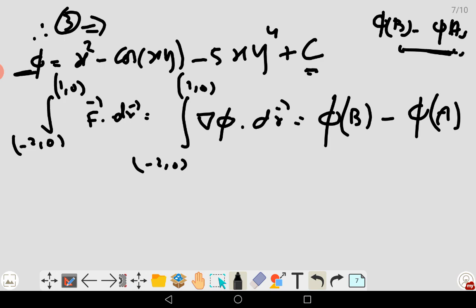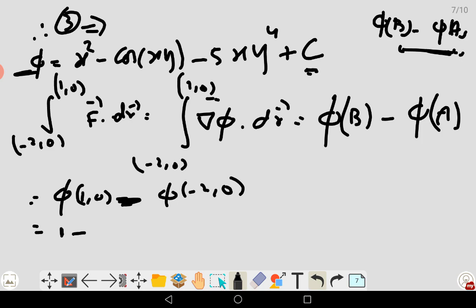So phi is given here, phi of b is the upper limit, so phi of 1, 0 minus phi of minus 2, 0. What is phi of 1, 0? Ignore the c. In this phi, substitute 1, 0. X is 1, minus cosine 0 is 1, minus 5xy to the 4 is 0.